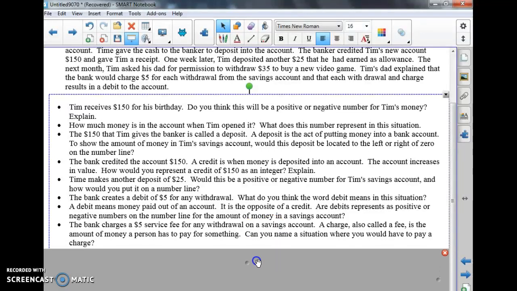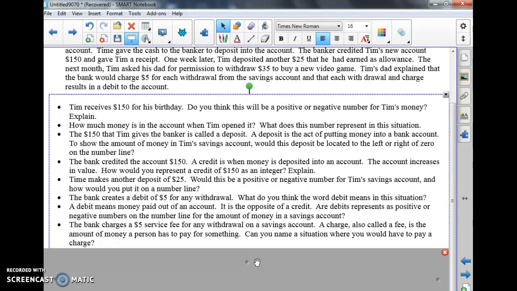The bank charges a $5 service fee for any withdrawal on a savings account. A charge, also called a fee, is the amount of money a person has to pay for something. Can you name a situation where you would have to pay a charge? Lots of charges out there, unfortunately.